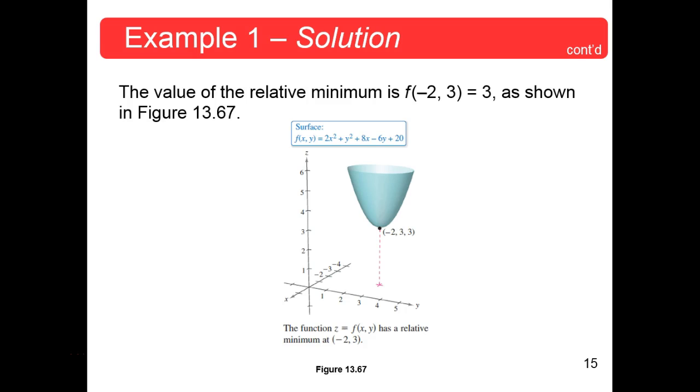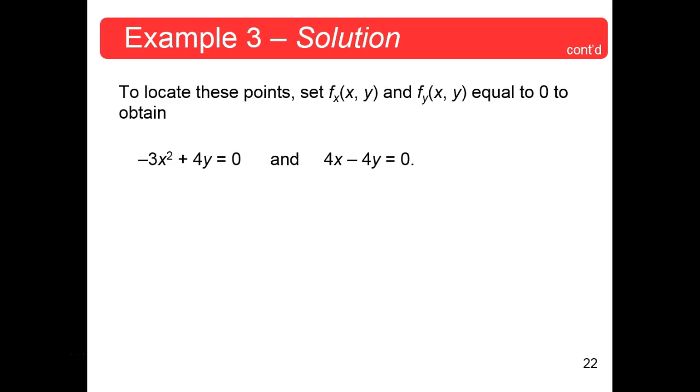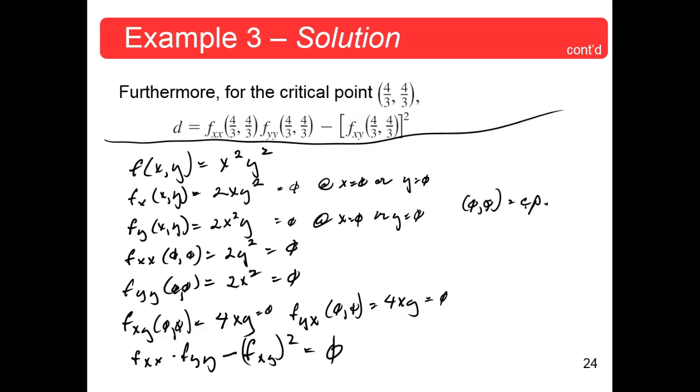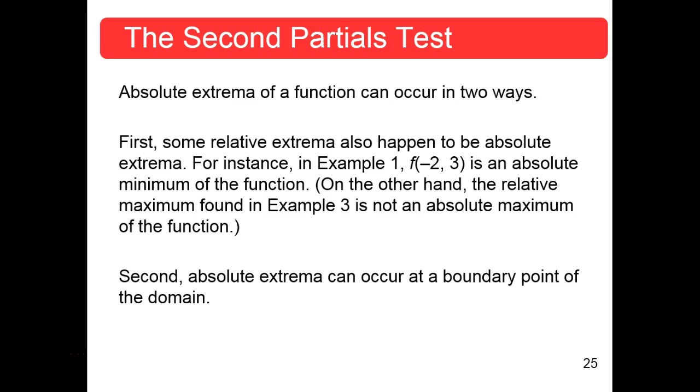The only one extreme value is at -2, 3, and the value is 3, and everything beyond that is greater than that. So, absolute minimum. All right, so that's the first, absolute minimum.